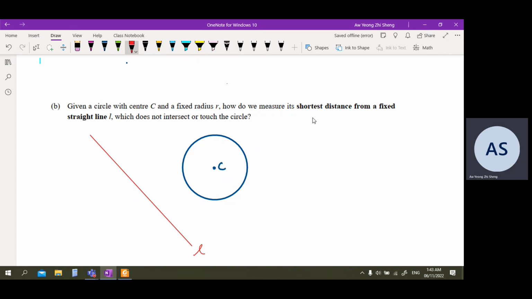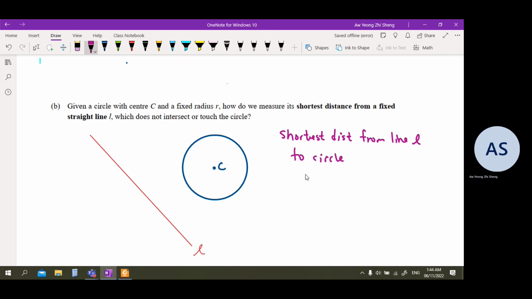Okay. So the shortest distance from line L to the circle. The way to get that shortest distance is this.